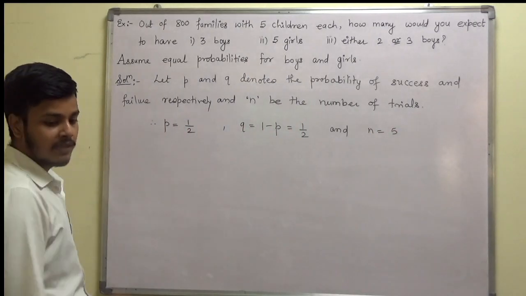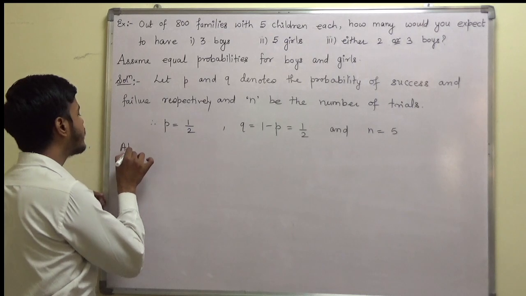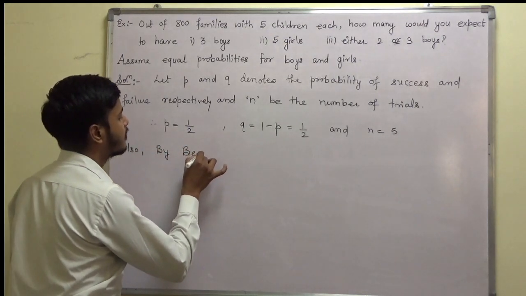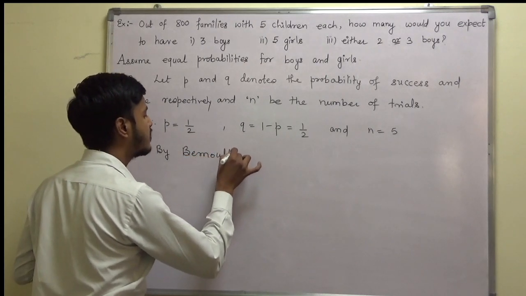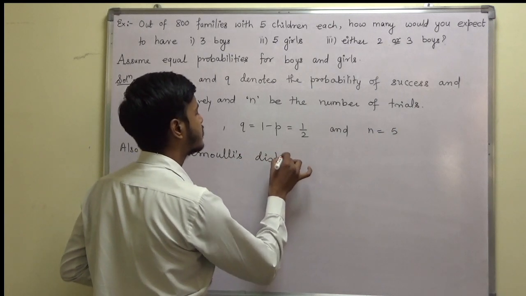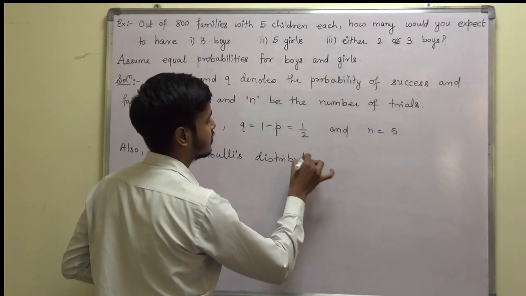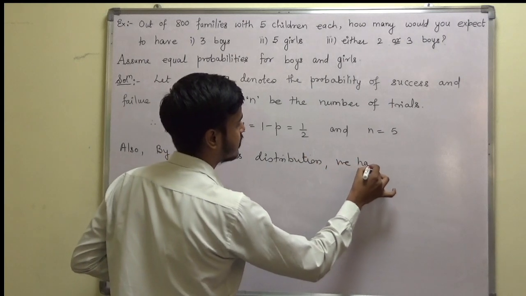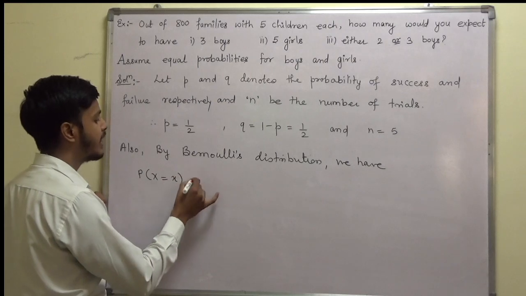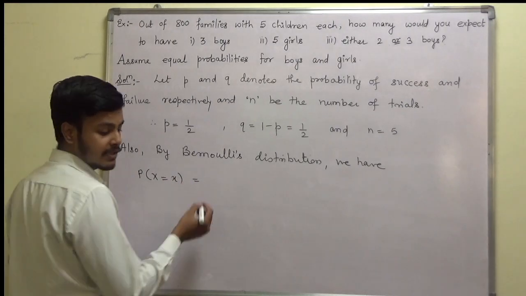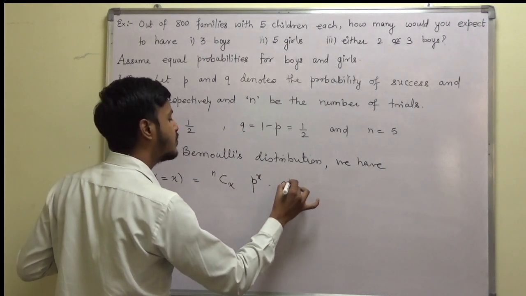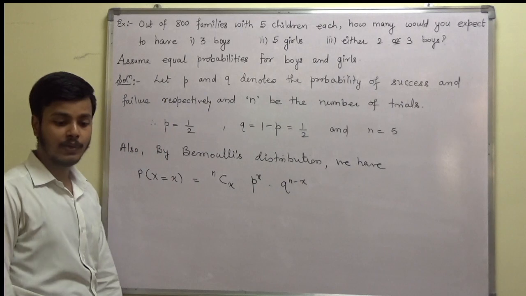Also, by Bernoulli's distribution or binomial distribution, we have probability of x is nothing but nCx p to the power x into q to the power n minus x.